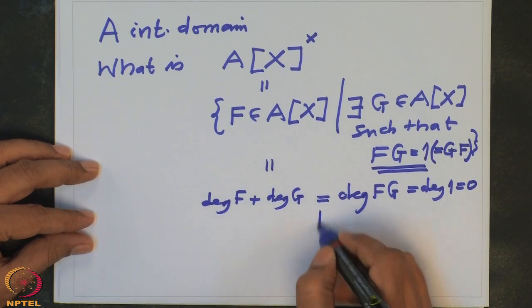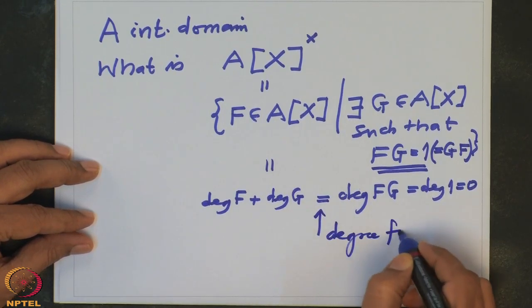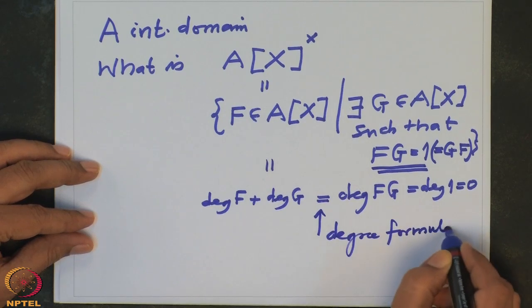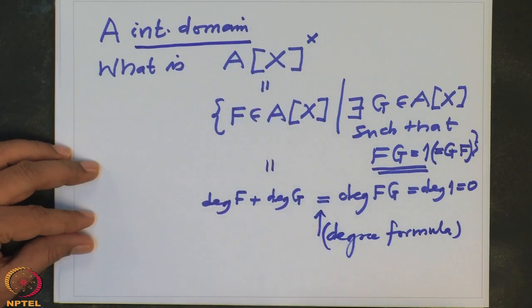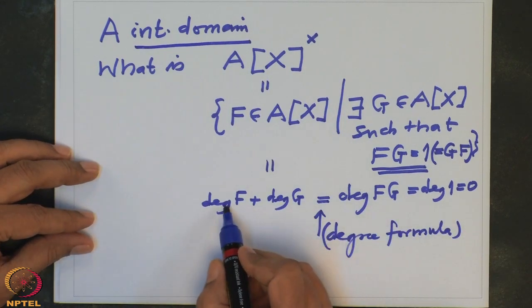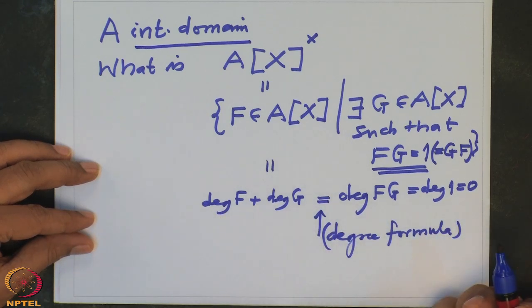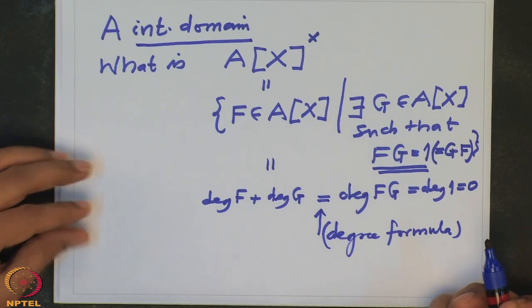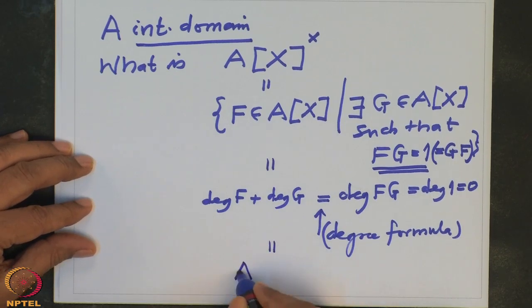This is called the degree formula, and that equality happens because of our assumption that A is an integral domain. But then, if the degrees are 0, f should be a constant polynomial, and not only constant, but a non-zero constant. So therefore this set is precisely A cross.